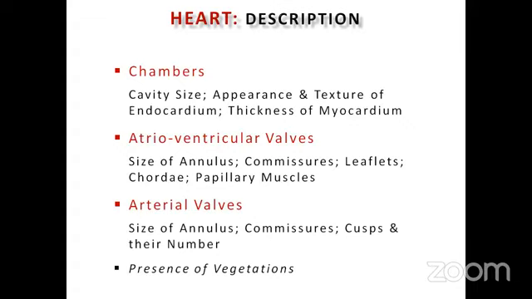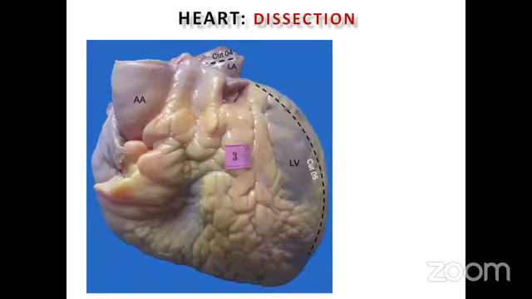And we also have to look for the presence of vegetations which appear on either the mural as well as the valvular endocardium. With this background, let us now go to the left side of the heart.